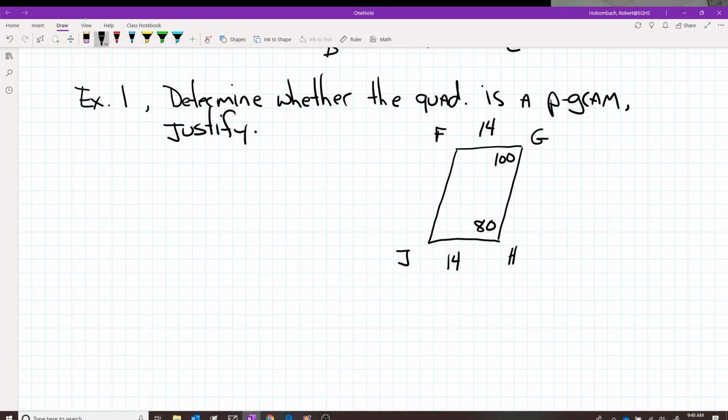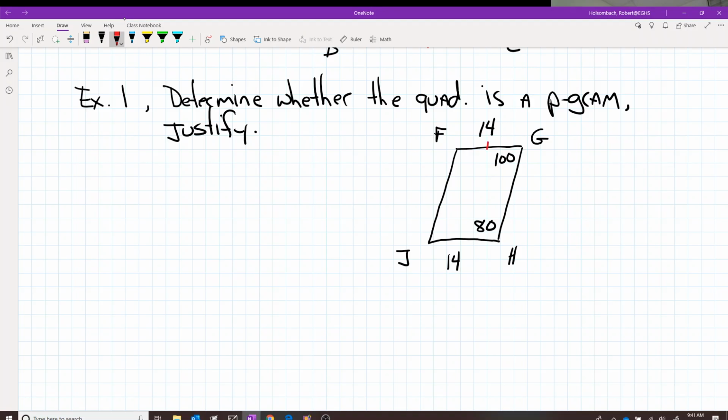And they kind of come right at you with the first example being a pretty tough one, as far as I'm concerned. Is this quadrilateral a parallelogram? Alright, you don't know anything about both pairs of opposite sides, so you can't use that test. You don't know anything about both pairs of opposite angles. You don't know anything about diagonals, right? So by process of elimination, the only test you can use is one pair of opposite sides, parallel and congruent.